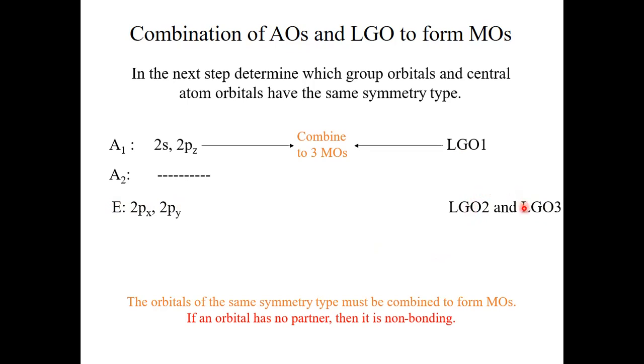So therefore, we combine overall 4 orbitals, and that means that we must get 4 molecular orbitals of symmetry type E. Now, because of the degeneracy, we know that we will get two bonding molecular orbitals that are doubly degenerate and must have the same energy, and two anti-bonding molecular orbitals that also have the same energy. So this is what we can read from the double degeneracy of these orbitals. We must now construct our molecular orbital diagram accordingly.